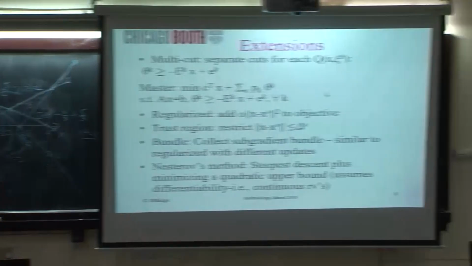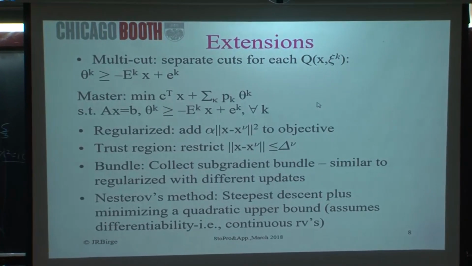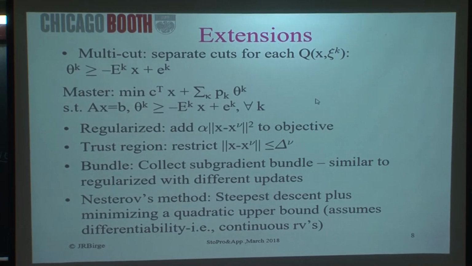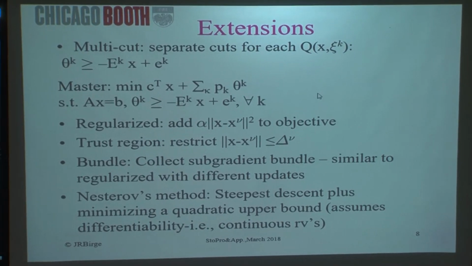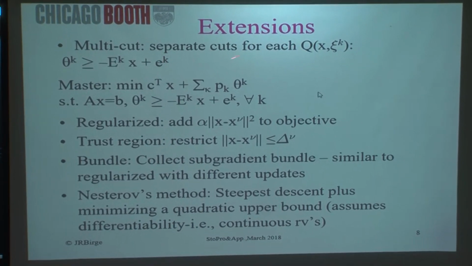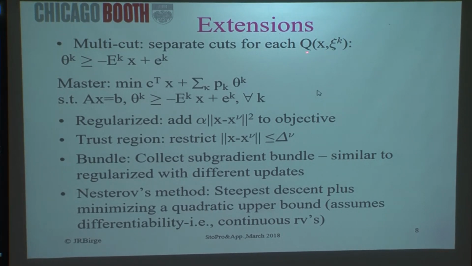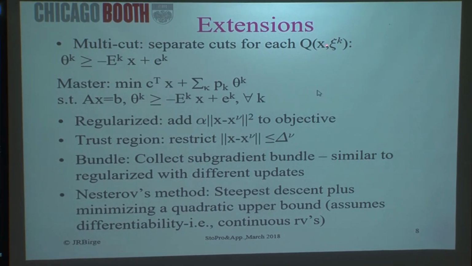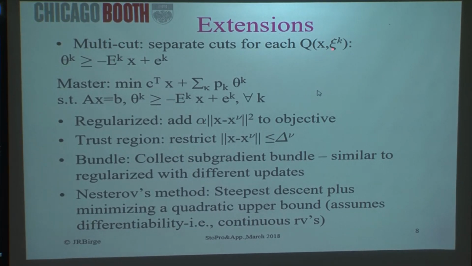Okay, so here's a number of things you can do. The basic procedure is you sequentially add in these constraints. One thing you might do is to separate the cuts out for each of the possible realizations of the random vector.